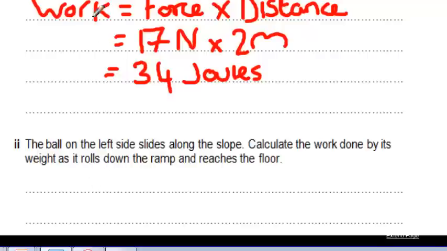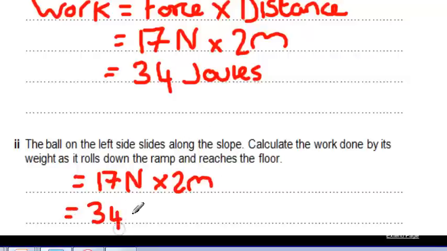Therefore, work is force times distance again, so we have 17 newtons, because it will still require the same amount of force. Obviously its weight's the same. 17 newtons times distance, which is 2 meters, and once again no change, 34 joules.